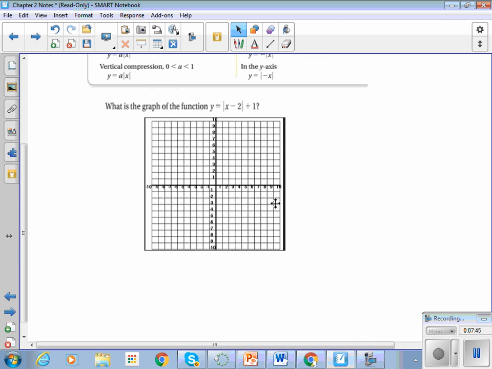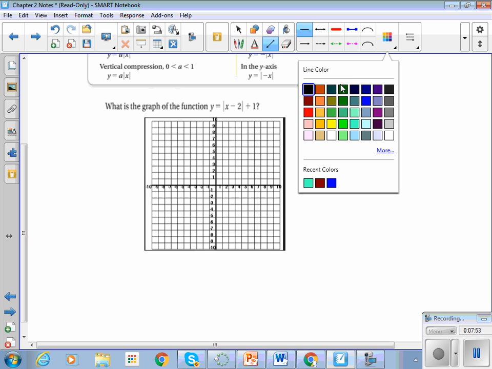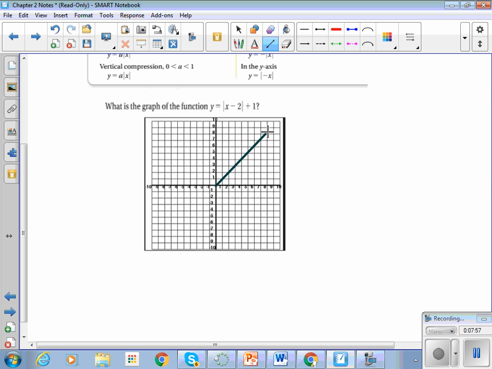I am able to do this, but please don't draw this until I tell you. I am able to make a parent function.